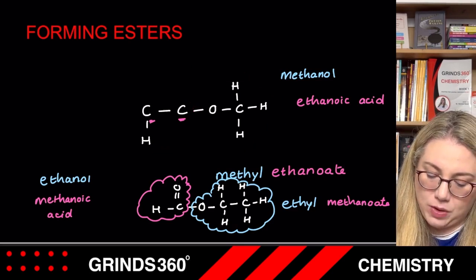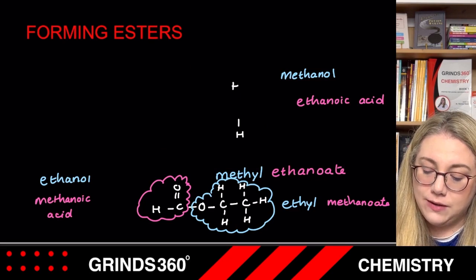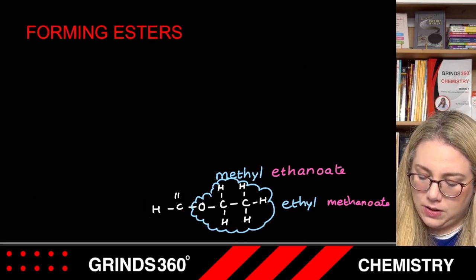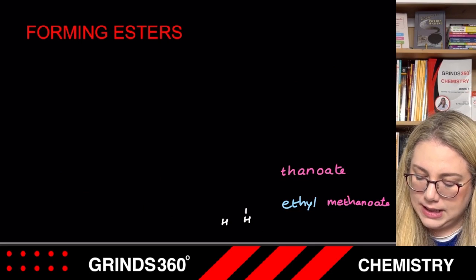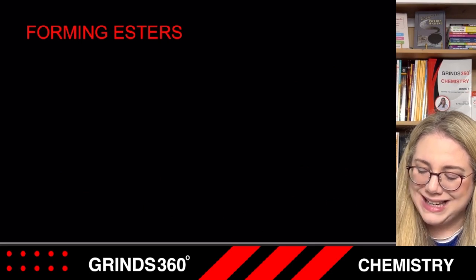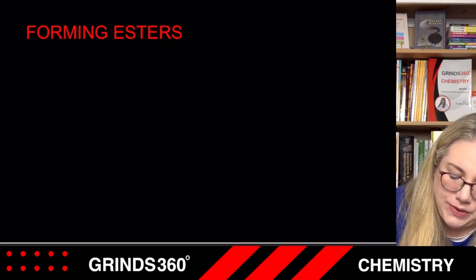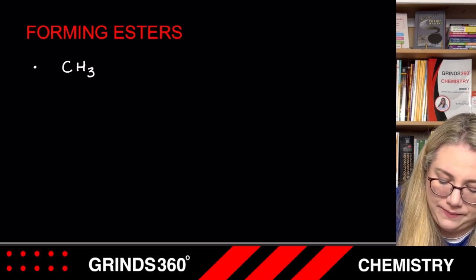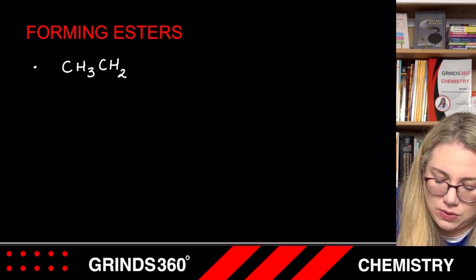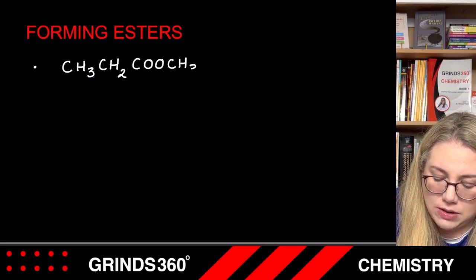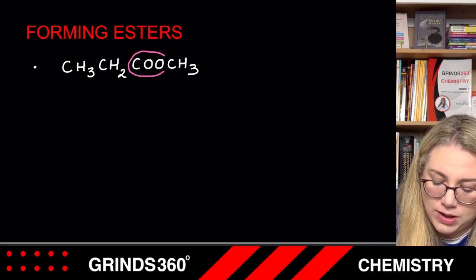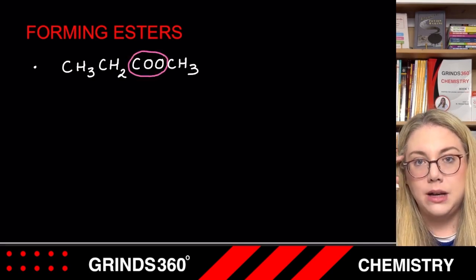One last thing, when you're given the formula of the ester, it can be a bit of an awkward one because it's actually drawn with the carboxylic acid side first. So if I wrote the formula CH3CH2COOCH3, this is an ester functional group where you see the COO in the middle of the chain.